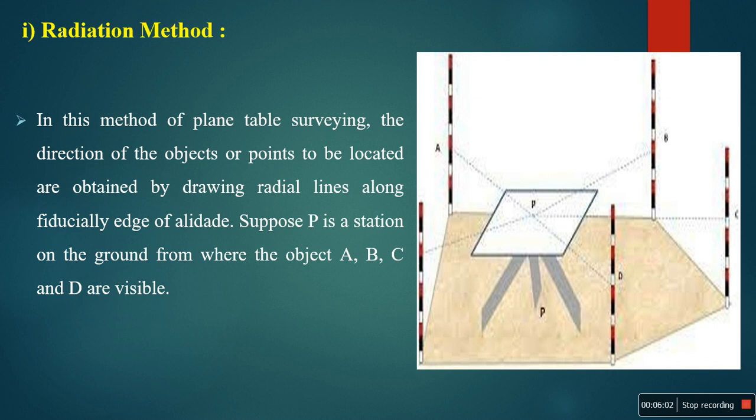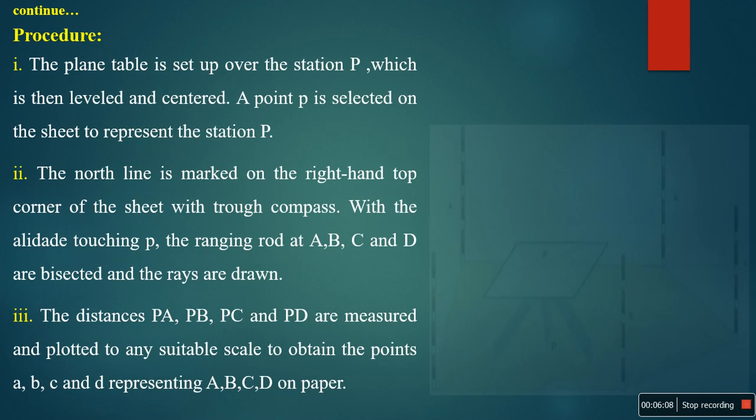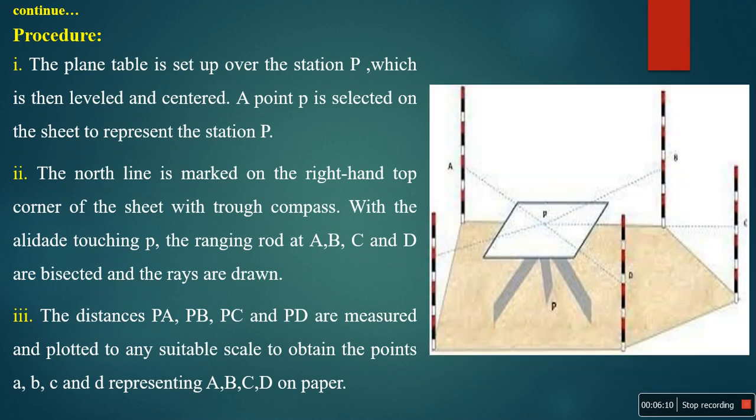So, the procedure for the radiation method. This is the procedure, and I am considering the same image again. Remember that. In this figure, just observe that the field points, the stations, are marked by capital letters A, B, C, like that.